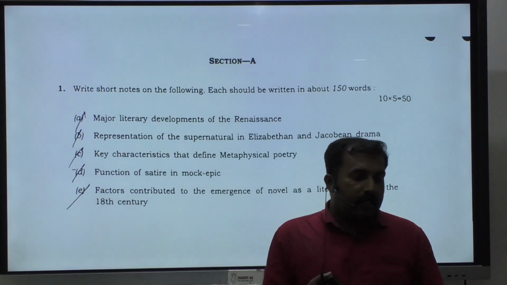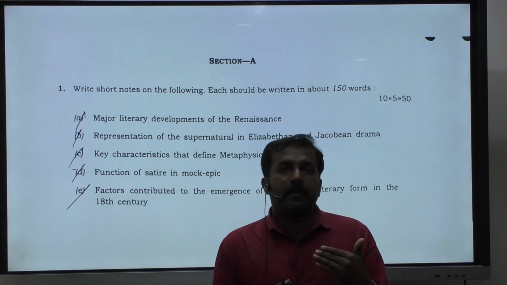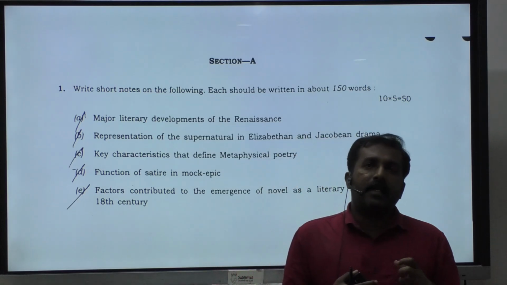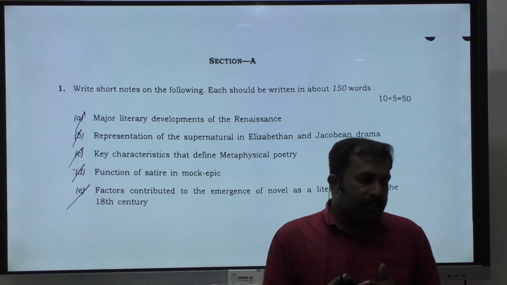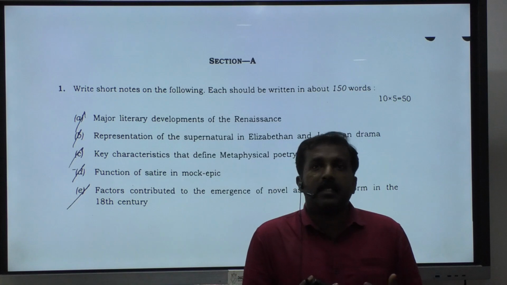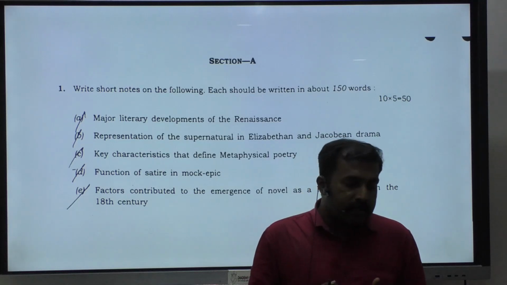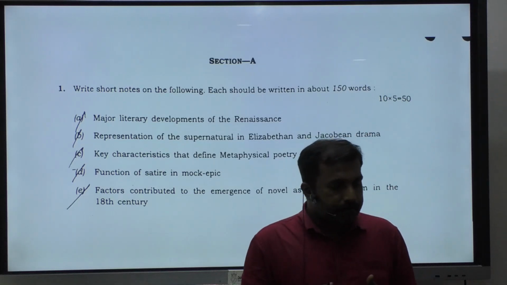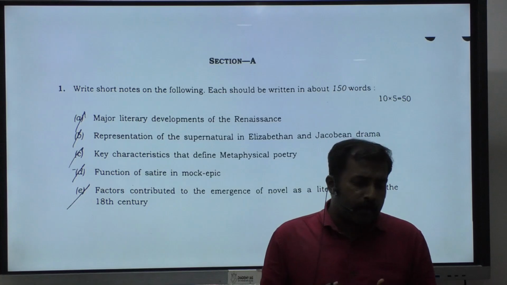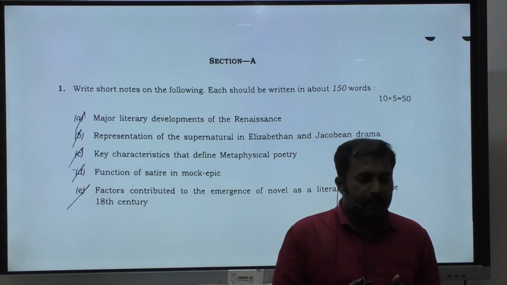Another important concept we can add in this development of Renaissance in English literature is the development of prose and the flourishing of drama. All these we can mention with the example of Christopher Marlowe's Dr. Faustus and Hamlet, Othello, King Lear; all these plays we can give as examples.